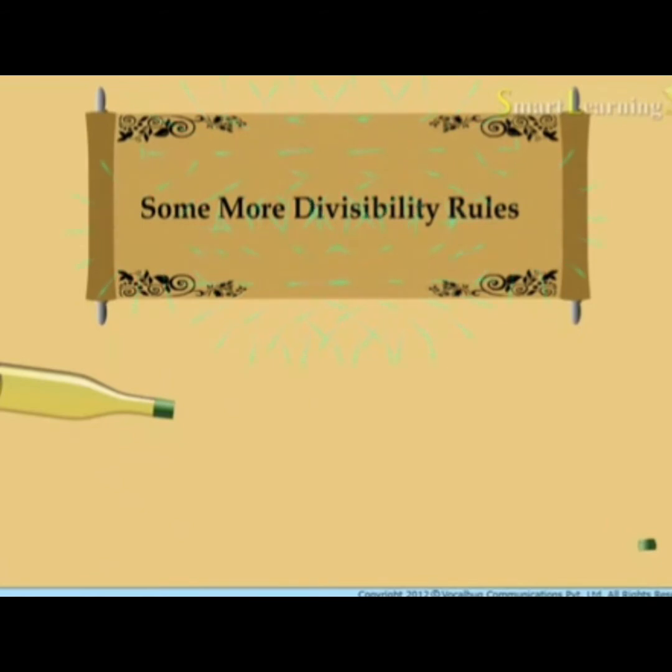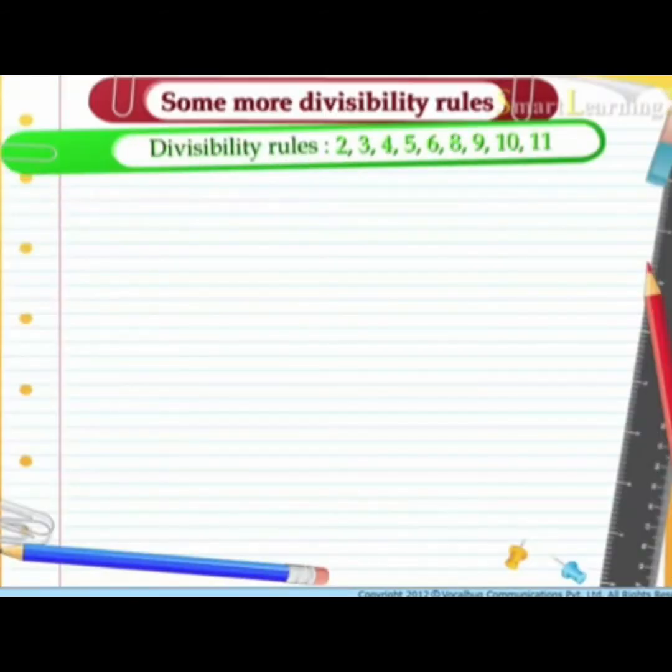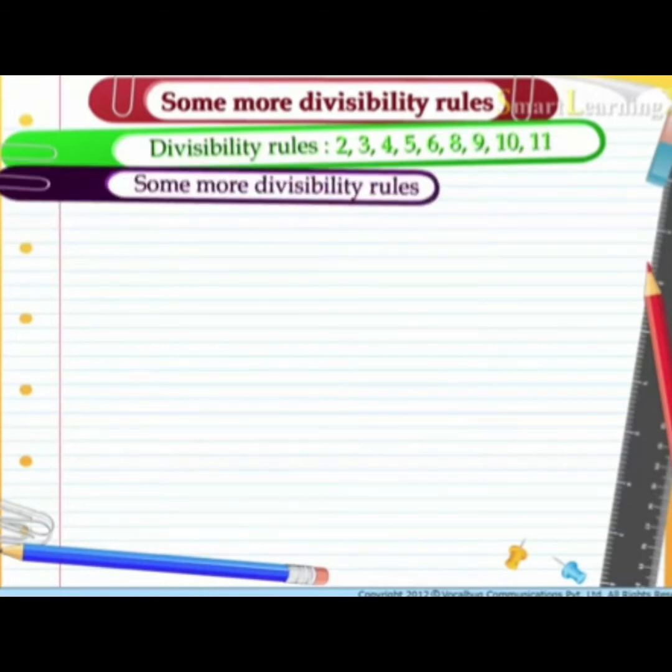Some more divisibility rules. Students, in the previous sessions, we have learnt about the divisibility rules for 2, 3, 4, 5, 6, 8, 9, 10, and 11. Let us now learn some more divisibility rules.